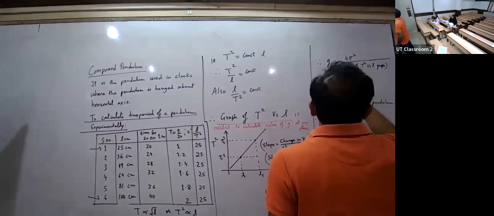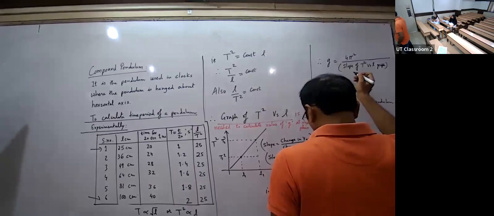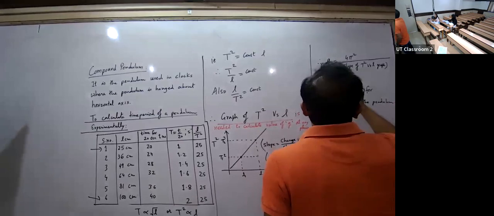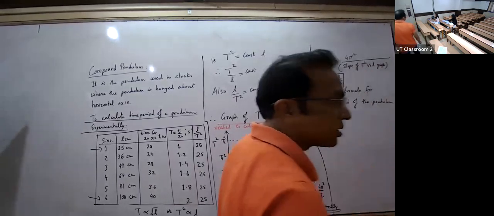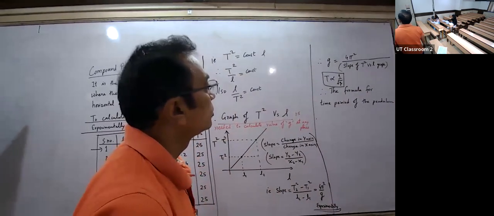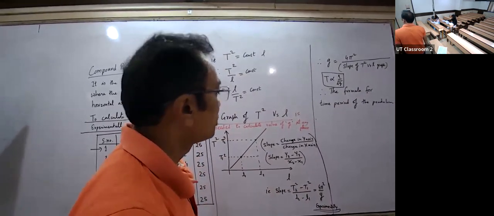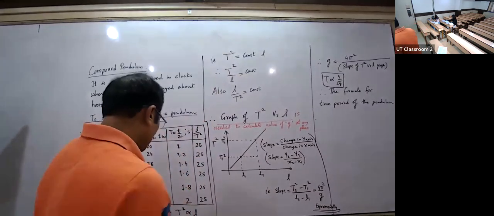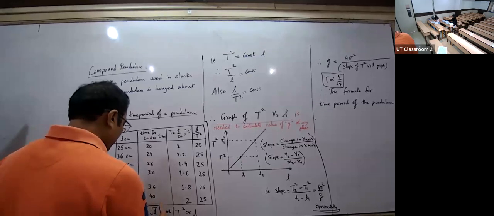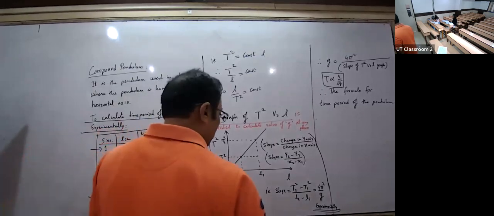This relation gives T is inversely proportional to root G. And here we had got T is proportional to square root of L. Right?